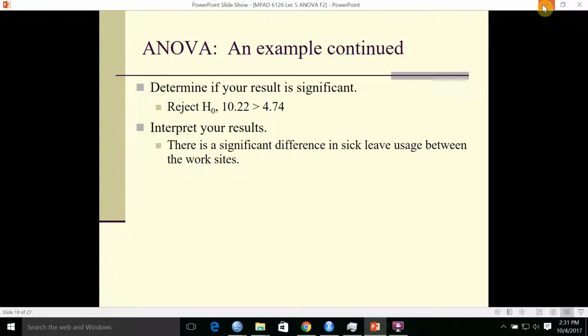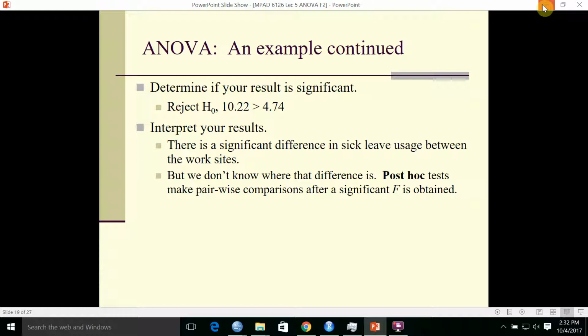So how would we interpret our results statistically? There is a significant difference in sick leave usage between the work sites. That's all we can say at this point, is that the F-test tells us that there is some difference between the sites.